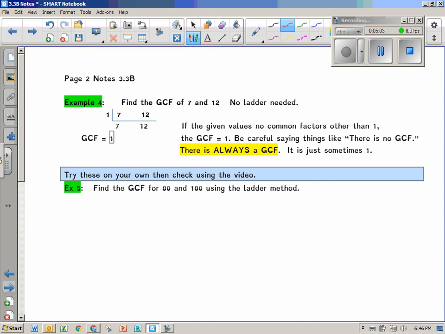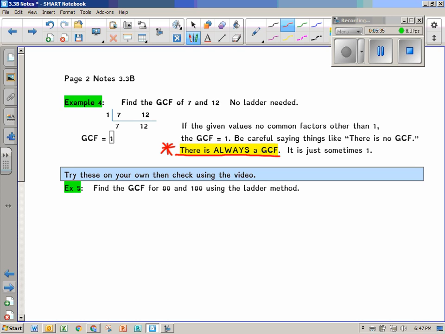Now, sometimes you get two numbers and they actually don't have anything in common. So when you see 7 and 12, sometimes people have an instinct to say there is no GCF, but there is always a GCF. Sometimes it's just the number 1. If I had to make a ladder on this one, the only thing I can factor out is 1. 1 goes into 7 7 times, 1 goes into 12 12 times. So you can see the GCF is 1.